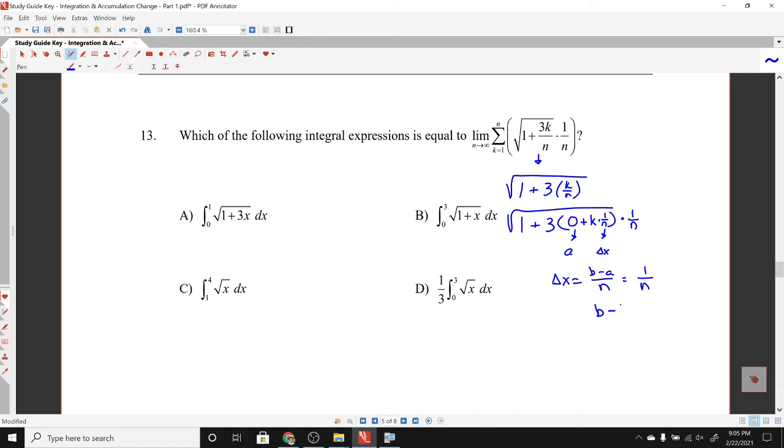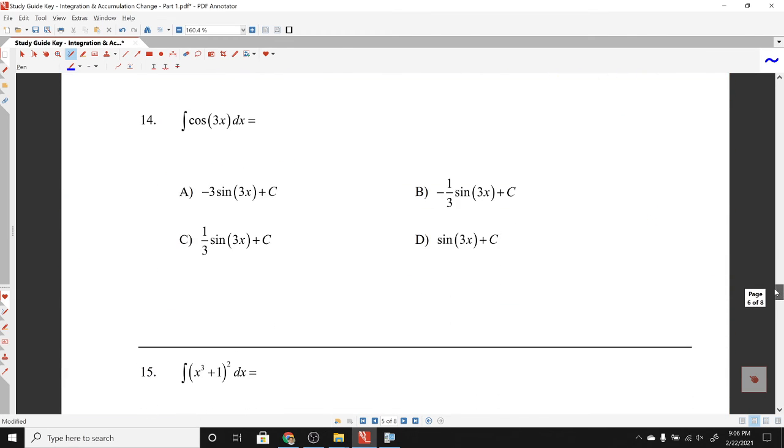So b minus 0 is equal to 1, so b is equal to 1. So we're looking at an integral from 0 to 1, which means right off looking at these answers, a would have to be it. And then notice up here we have a 1 plus 3, and here is the function right here, or the x. So the square root of 1 plus 3 delta x.